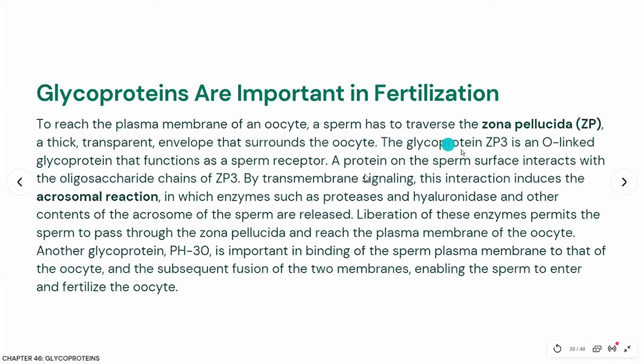It is a glycoprotein, and it is known as ZP3, zona pellucida 3, an O-linked glycoprotein that functions as a sperm receptor.